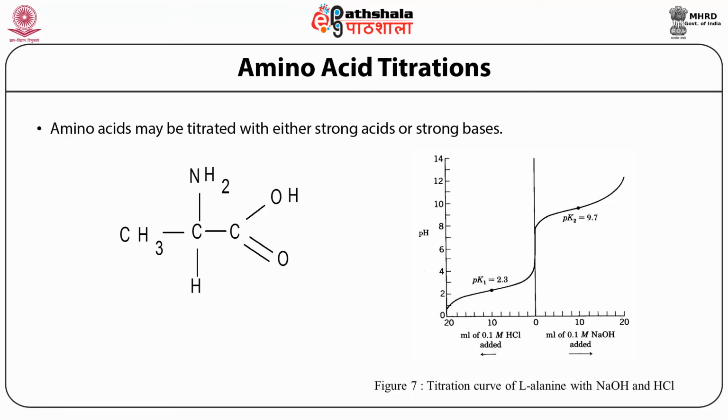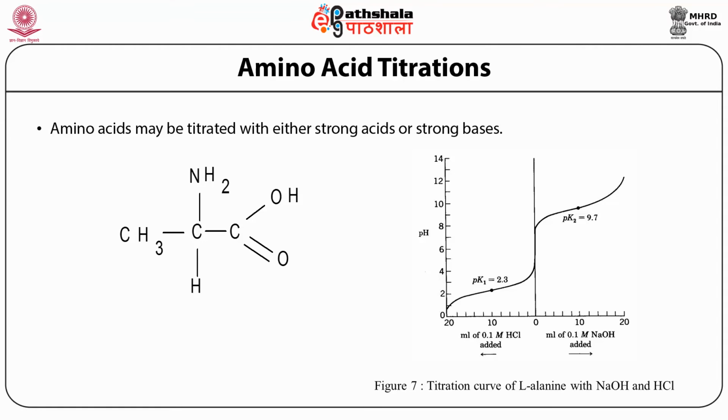The titration curves for L-alanine are shown in figure 7. These titration curves are with NaOH and HCl, so there are two curves. In one curve, titration has been done with HCl and in another with NaOH.